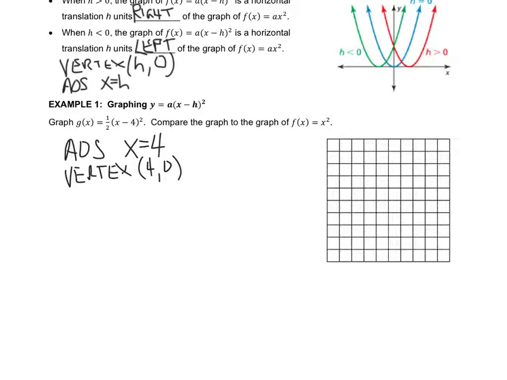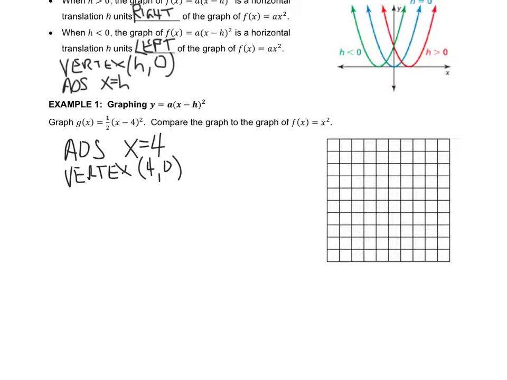Now remember, the 1/2 in the front is telling us that we are seeing an upward opening function, and then we want to figure out a few of the points surrounding that to make our graph. We need to find a couple of points to get started. We're trying to streamline this a little bit without having to make a full table of 5 points.